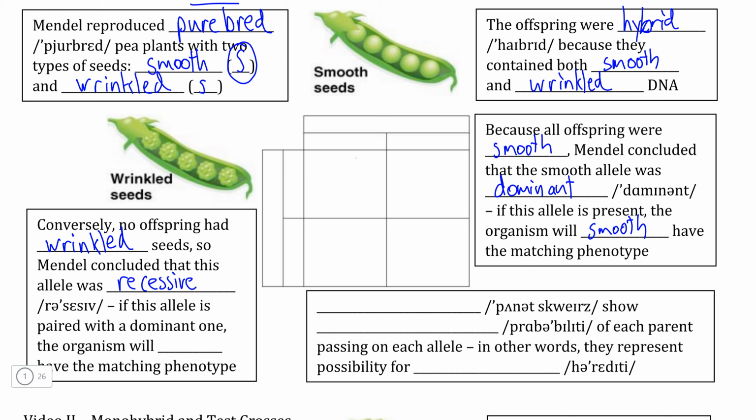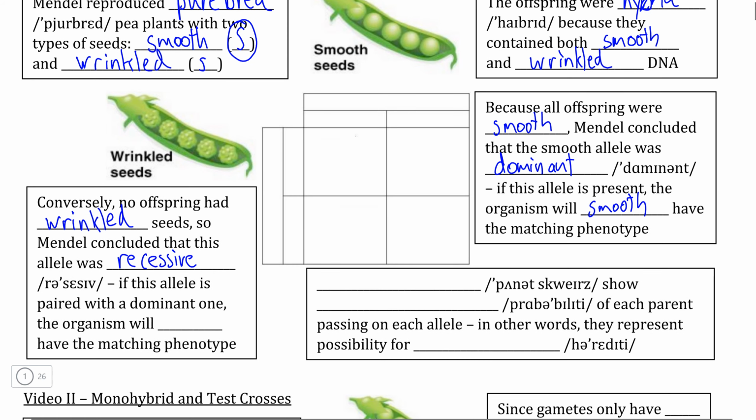In other words, as long as one of the parents contributed DNA that produced smooth-shaped pea seeds, the dominant allele would override the other phenotype. So if this allele was paired with a dominant one, the organism will not have the recessive phenotype at all.